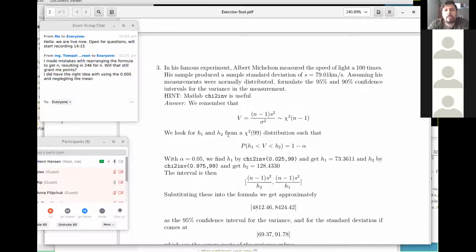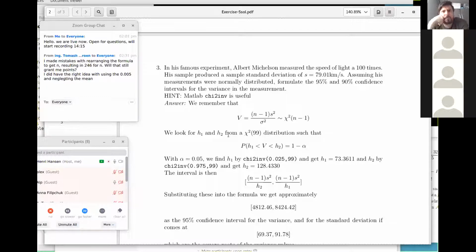It was pretty accurate because the standard deviation in his samples was 79.01 kilometers per second. Given that the speed of light is about 300,000 kilometers per second, this is actually not a big difference. This is definitely less than 1 in 1,000. It's about 1 in what? 1 in 3,000, I think.